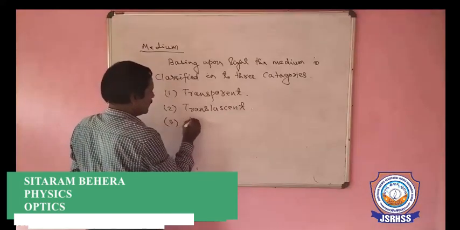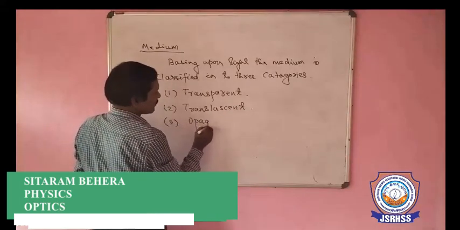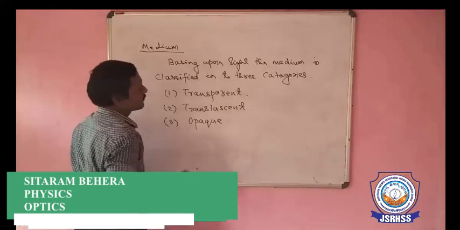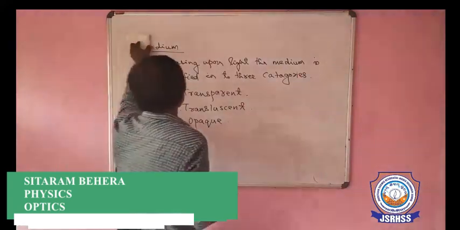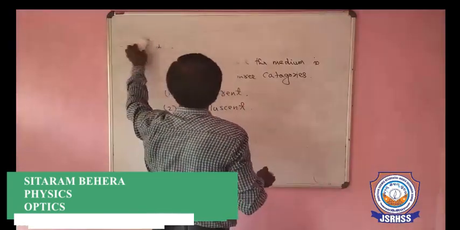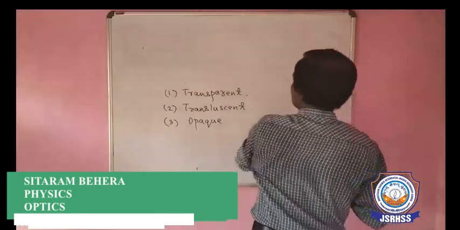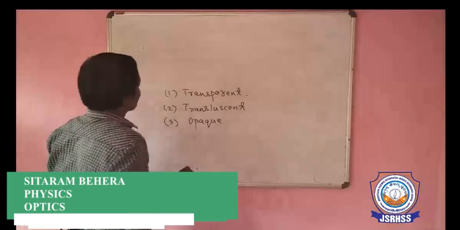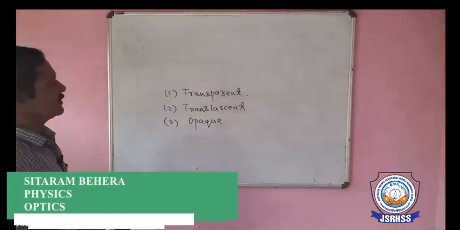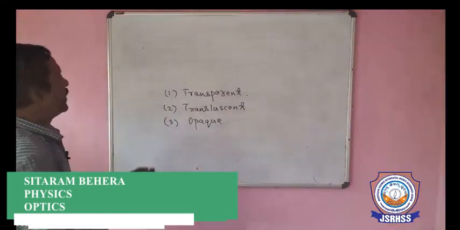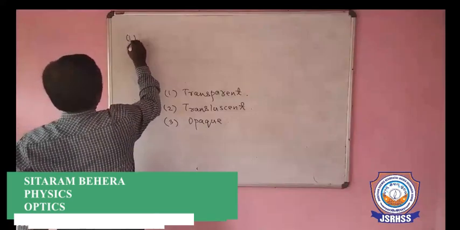Three, opaque. Taking light into consideration, the medium is classified into three categories: transparent, translucent and opaque. So, what is transparent?